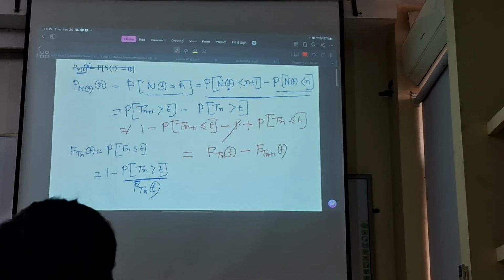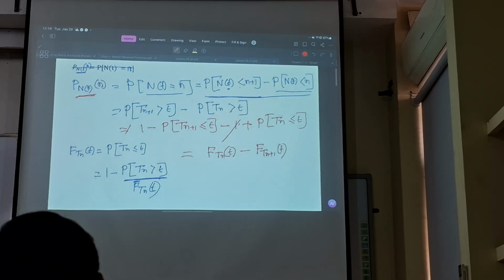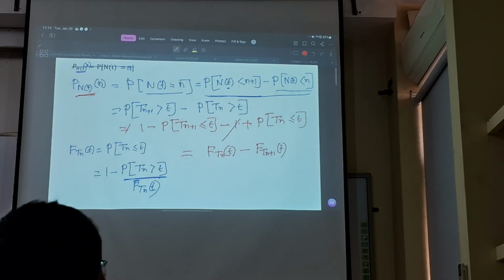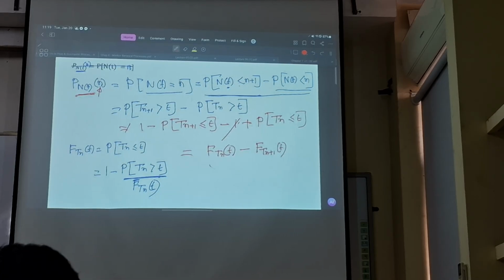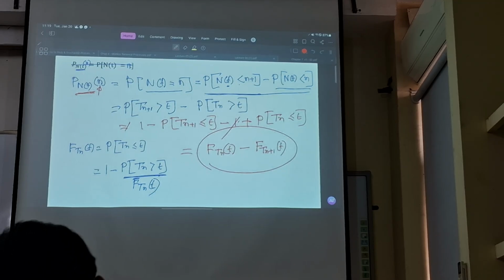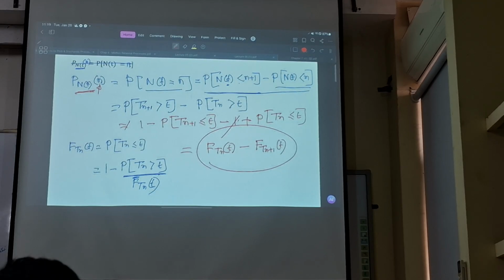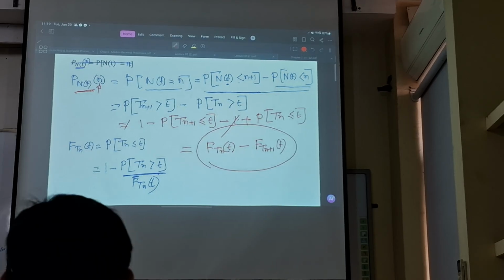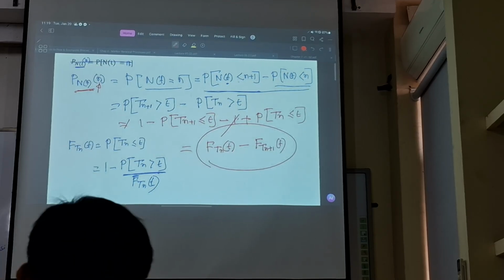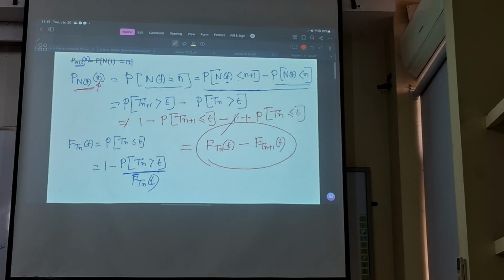So the probability that N(t), the number of renewals by time t, has a value n can be found if we know the CDF of the random variable T, right? I think there are examples in the book, or you will find it. Any question here?